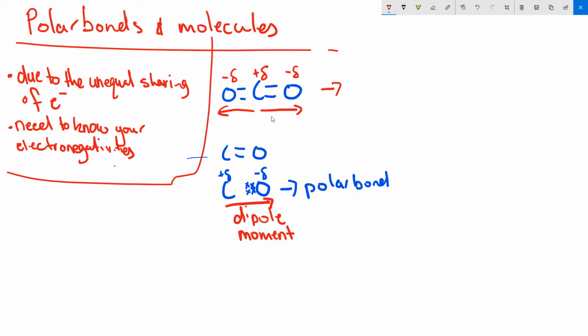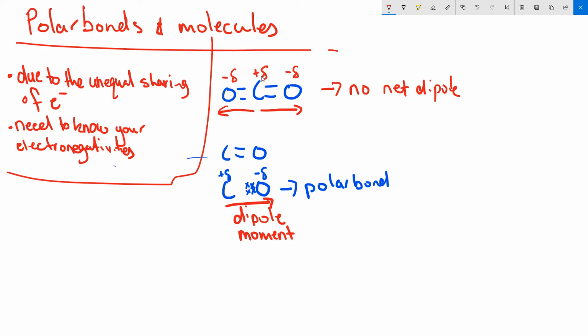In a funny way, it's the same thing as forces, or when we have any type of vector. These cancel each other out, so we have no net dipole. Basically, that is saying that we have equal sharing on both sides, so there's not a positive and a negative end on the molecule.